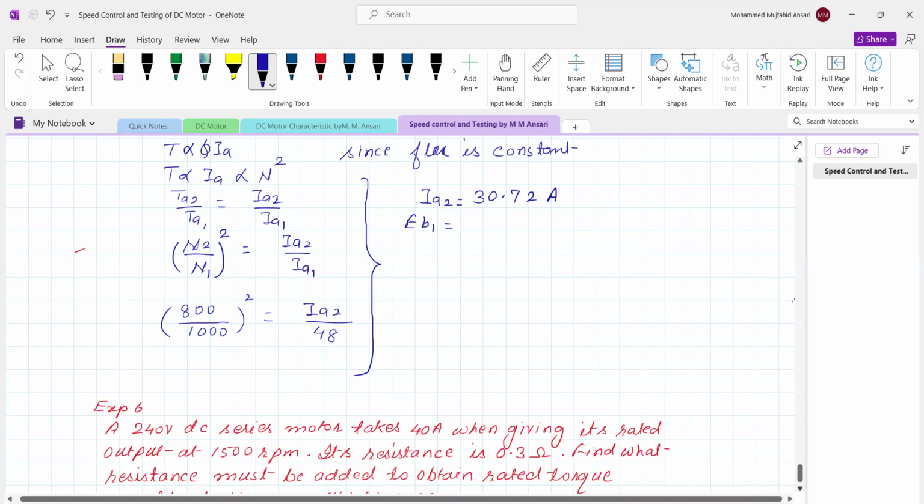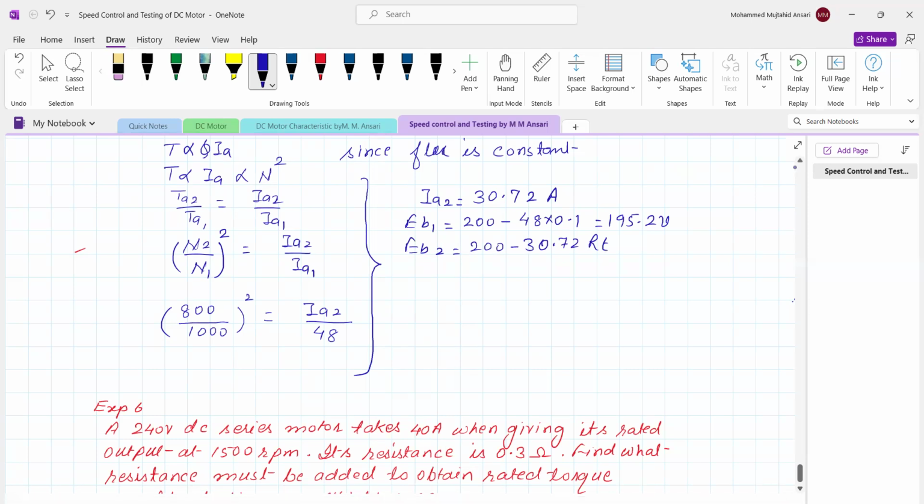EB1 is equal to 200 minus 48 into 0.1, so it is equal to 195.2 volt, whereas EB2 is equal to 200 minus the current 30.72 into RT, where RT is the total resistance of the armature plus external resistance.